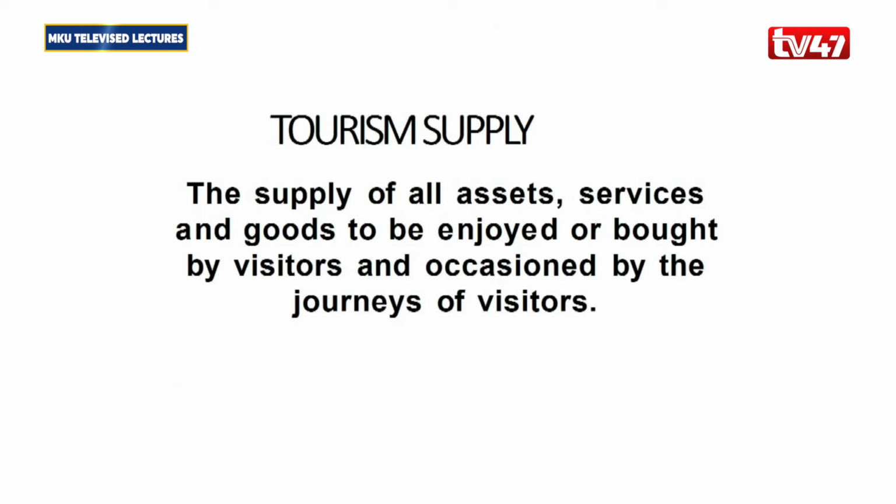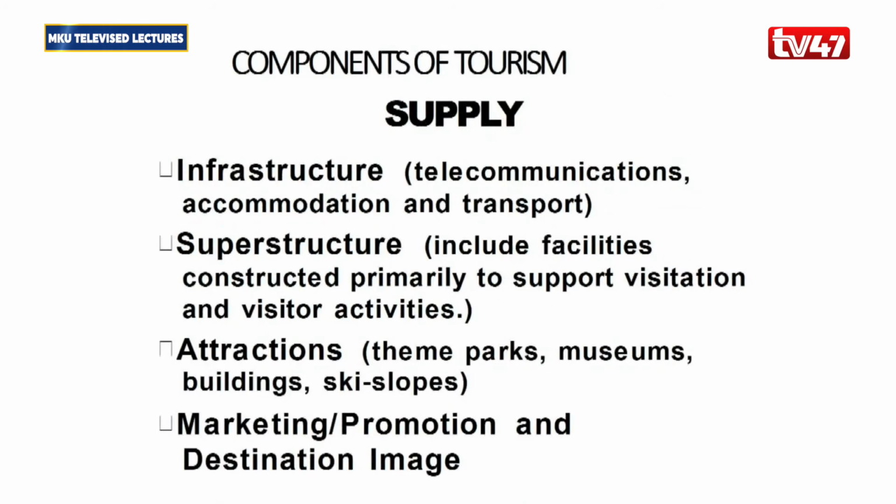So all the assets, all the services that are provided for purposes of consumption by the visitor is what we are talking about, the tourism supply. And so in this case, we are thinking about the infrastructure that's going to be supplied. We are also talking about telecommunication, accommodation, and transport. We are also talking about the superstructure.